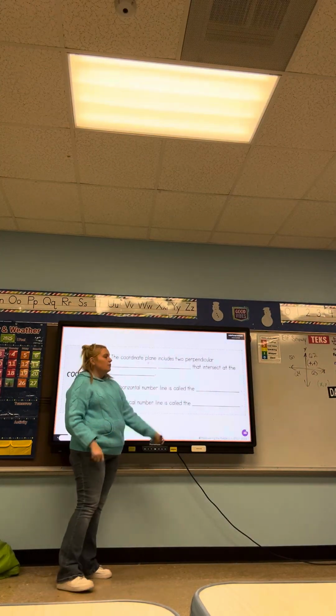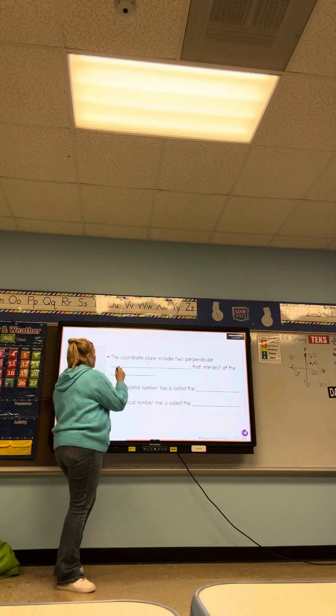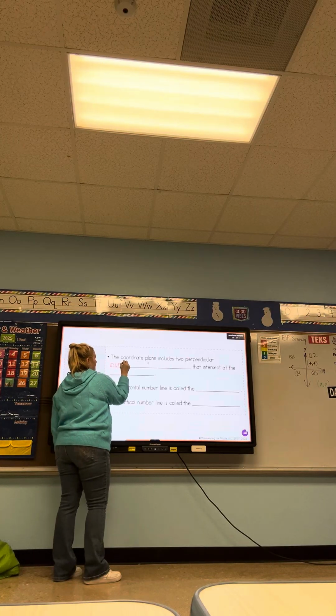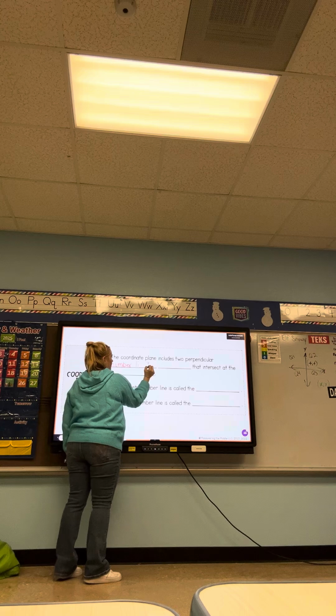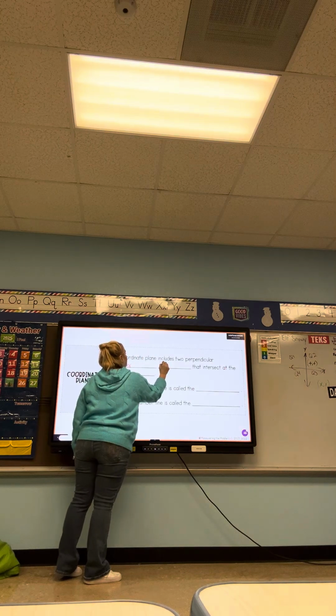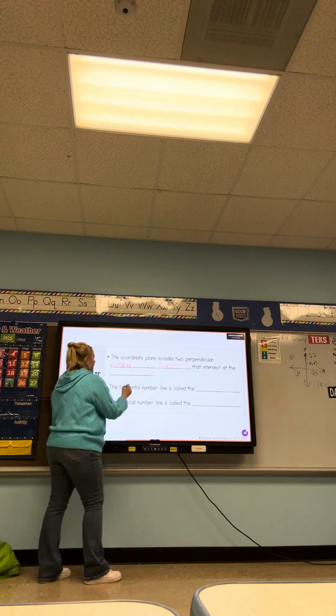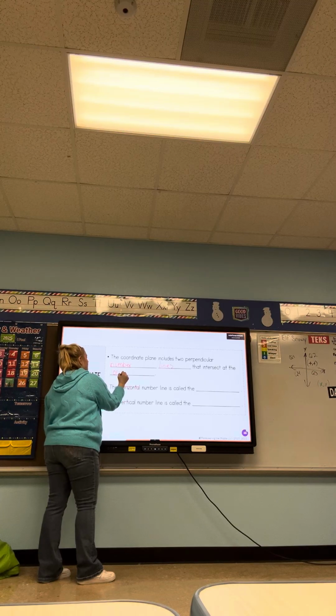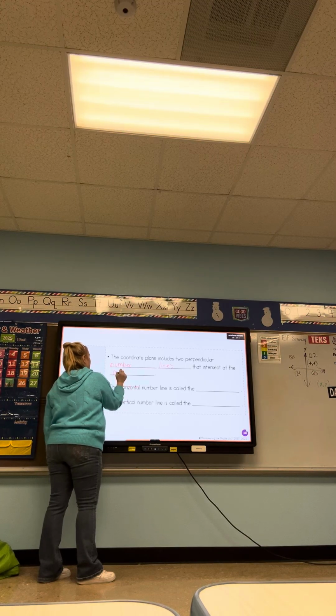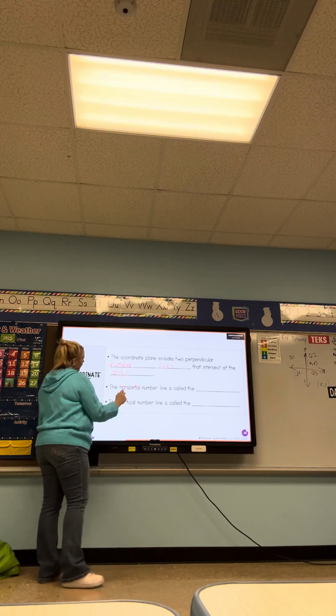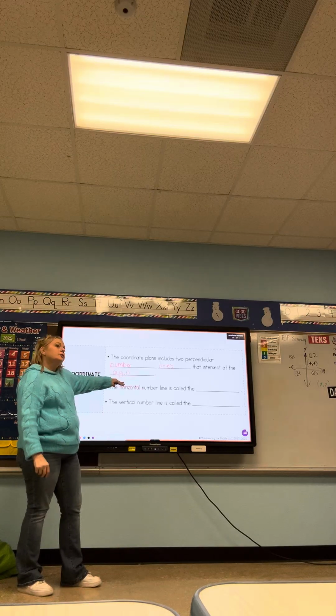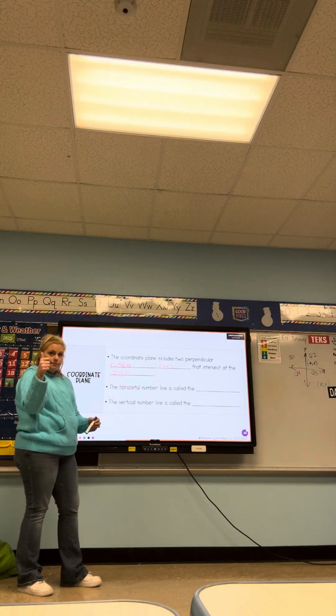The coordinate plane includes two particular number lines that intersect at the origin. We're good?